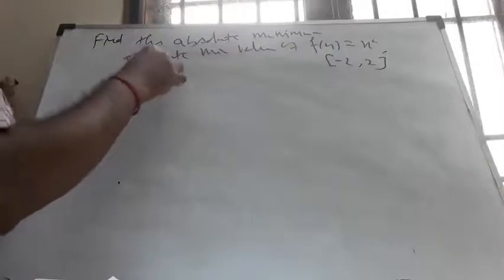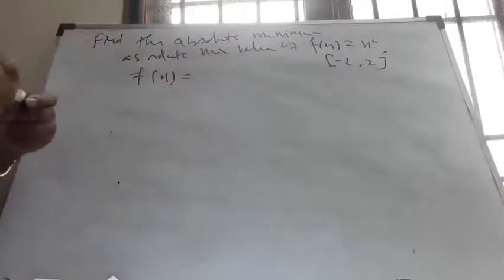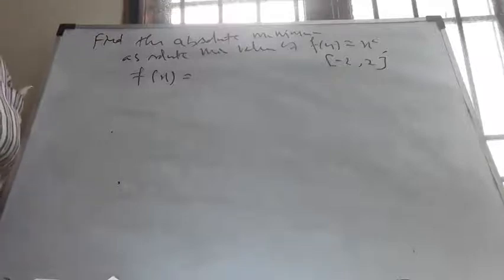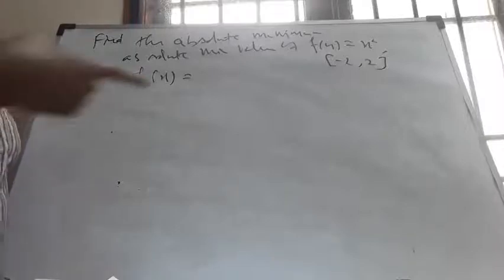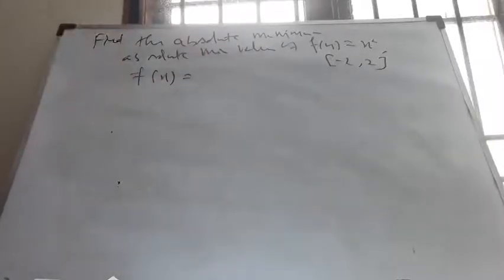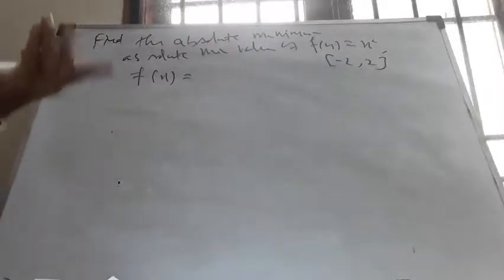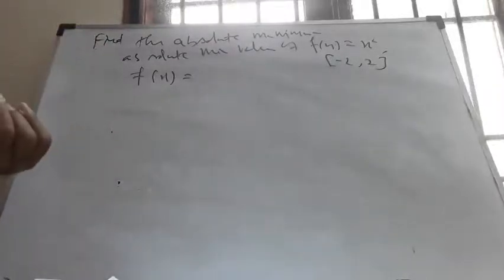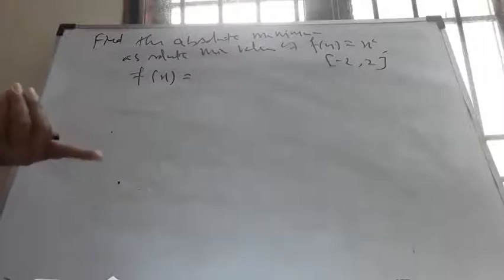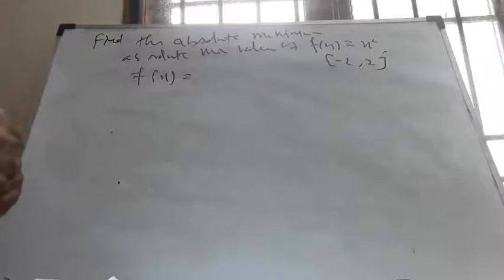I already told you in one of the videos, for absolute maximum and absolute minimum, I'll find dy by dx and find the roots of dy by dx equal to 0. If they are alpha, beta, and a closed interval a comma b is given, out of f of a, f of alpha, f of beta, f of b, the maximum value is the absolute maximum and the minimum value is the absolute minimum.